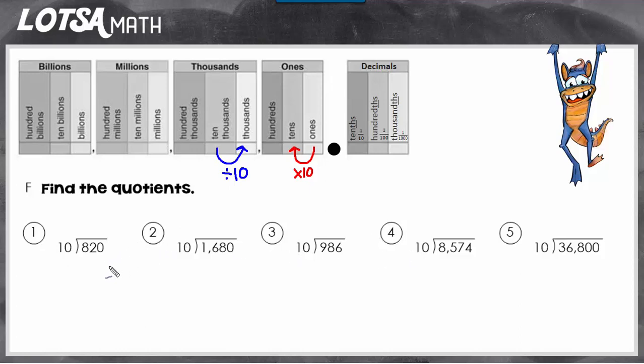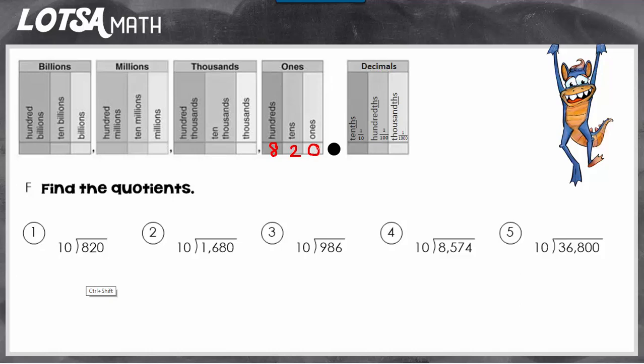Notice all of these problems are dividing by 10, so we don't even have to do any steps of division. All we have to do is move each digit over one place to the right, and that will be just like dividing by 10. So let's do an example together. Here we have 820. If we want to make it 10 times smaller, all we have to do is move each place over one spot to the right.